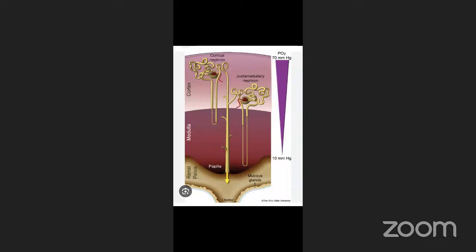Why would the hypothalamus produce less antidiuretic hormone? Any reasoning? Why would the hypothalamus produce less antidiuretic hormone?